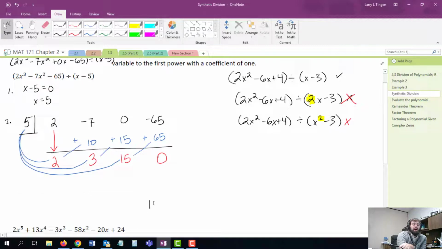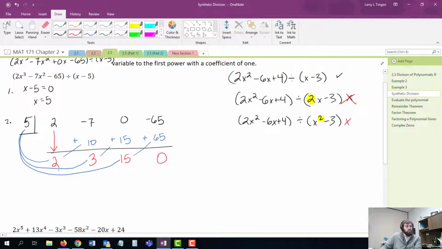Well, what we found is those red numbers along the bottom are the coefficients for the powers of x in descending order. My original problem, notice I'm taking a cubic, I'm dividing by a linear, so a third degree divided by a first degree. 3 minus 1 is 2.